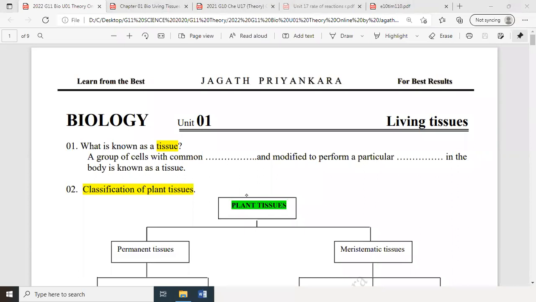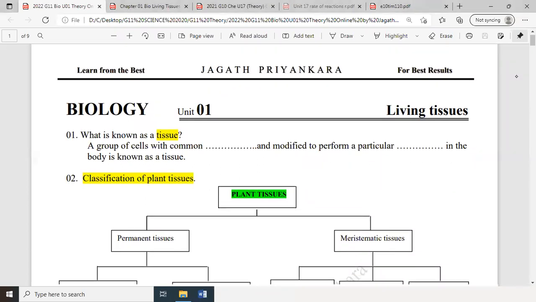Right. Very good. So then, living tissues. Actually, what is a tissue? You have done this in grade 10. Cells combine to form what? Cells combine to form tissues. Tissues combine to form organs.